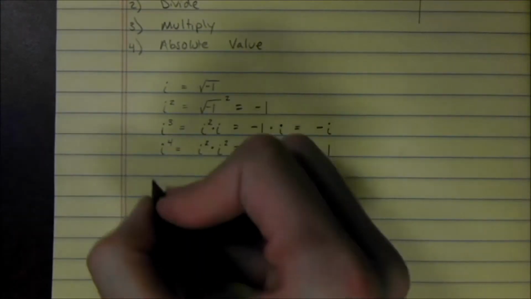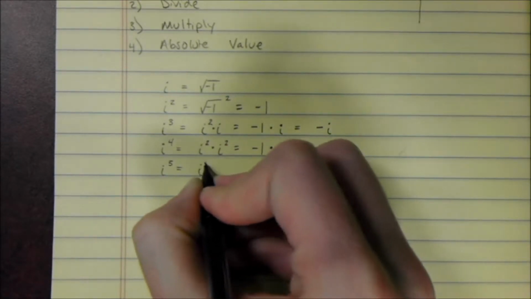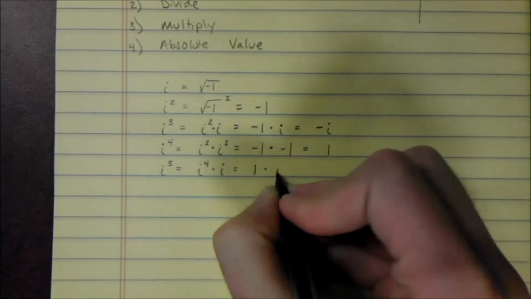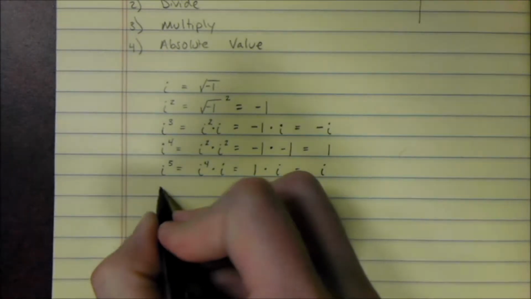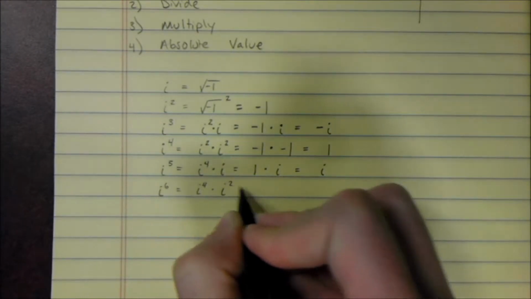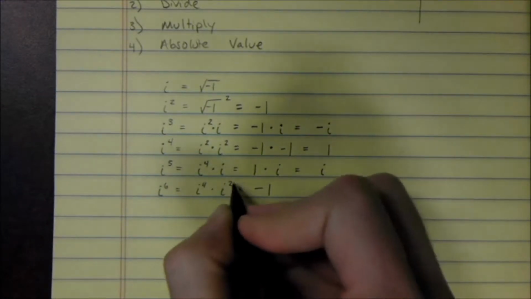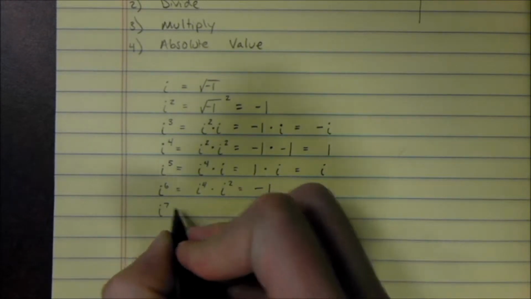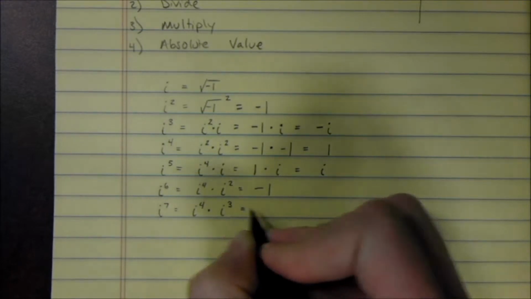And then something neat happens when you go beyond that. Well, i to the 5th would just be i to the 4th times i, and i to the 4th is 1, so you just get i again. And i to the 6th, again, that'd be i to the 4th times i squared, so you'd get negative 1 again, because that's what i squared is, and i to the 4th is positive 1. i to the 7th would be i to the 4th times i to the 3rd.